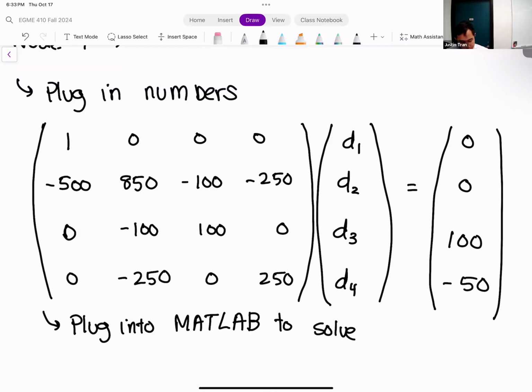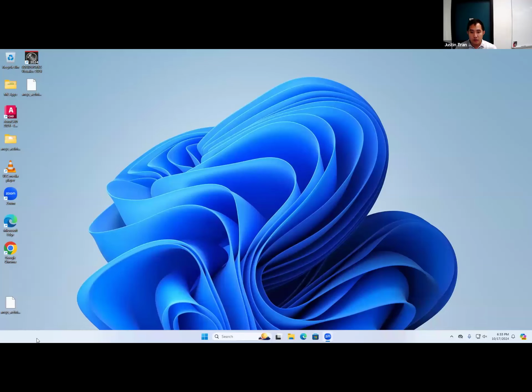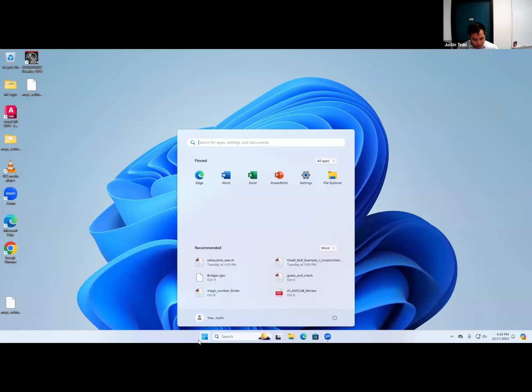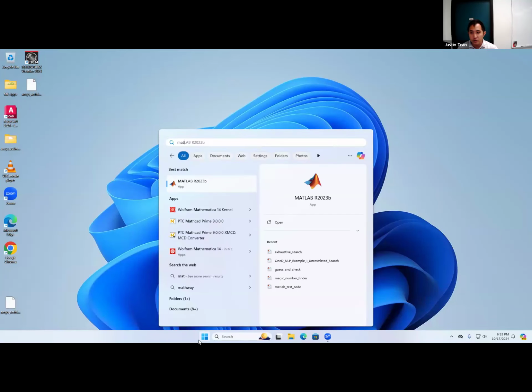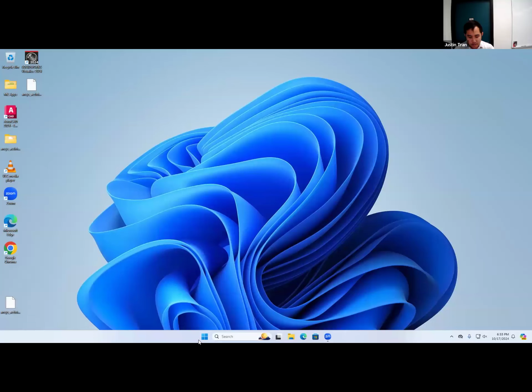Okay. All right, so let's go ahead and do that. So let me go ahead and switch to the computer here. And silly me, forgot to open MATLAB, so we're gonna have to stare awkwardly at the screen for a couple minutes.